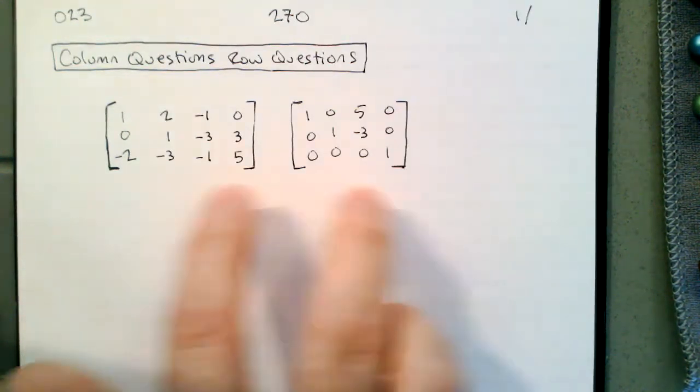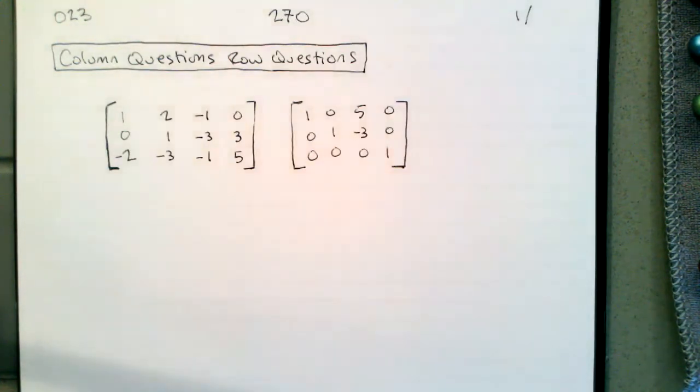I've given you a matrix and the reduced or echelon form of the matrix. In no context, we could just identify the pivots and we're kind of stuck. We could say certain things about the matrix, but we don't know if this is an augmented matrix or just a coefficient matrix.